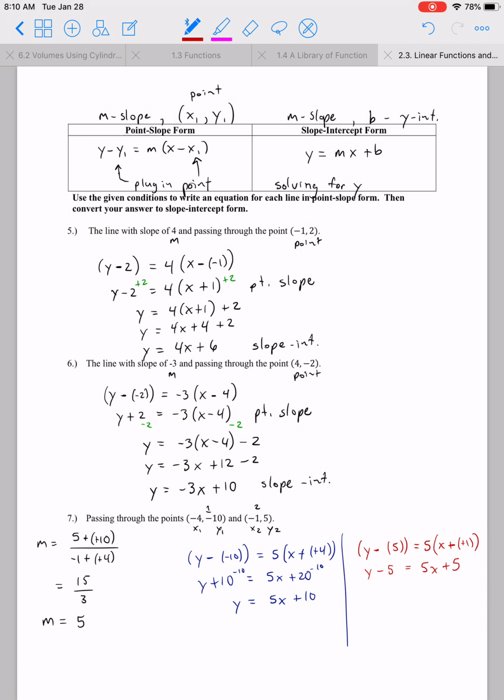And then it's going to be y equals, I'm going to add that 5 to both sides, and I'll have 5x plus 10. And so I ended up with the same answer either way that I did it, so it doesn't really matter which point you pick. In fact, you can pick any point that lies on the line, and it'll give you the same result.